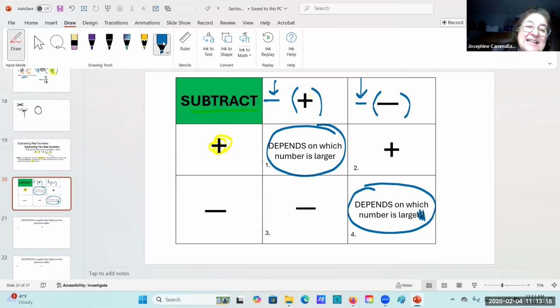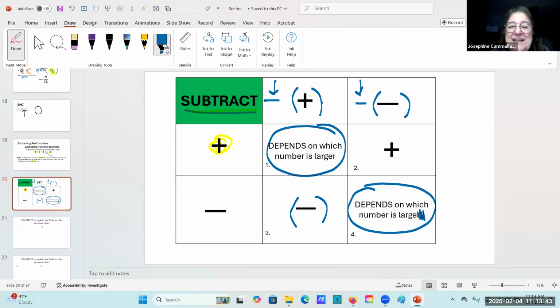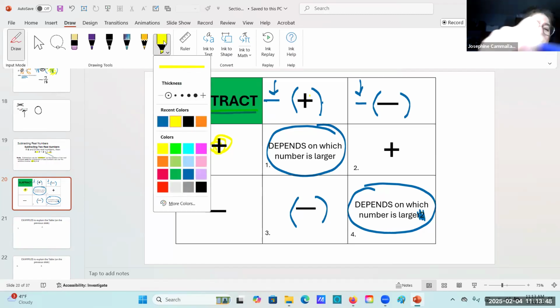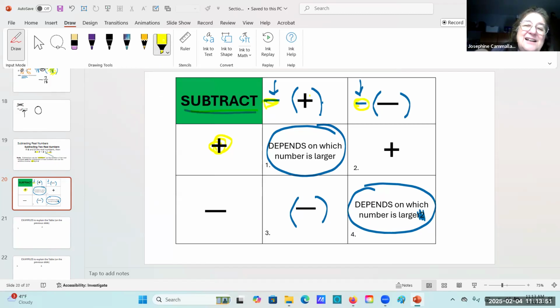And a negative times, now remember, this is a negative positive number. You're going to get a negative answer. Negative, negative, remember, this negative is going to become a positive. Subtract is understood because these signs are going to play a part.